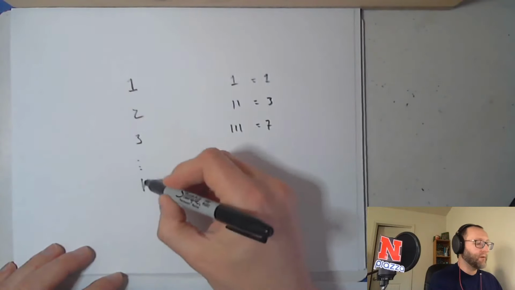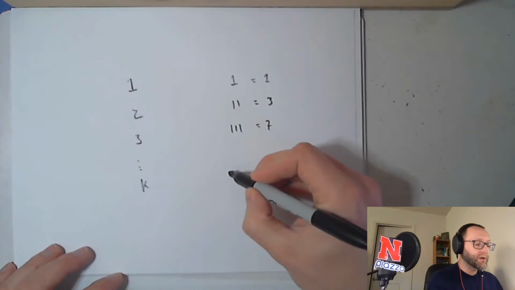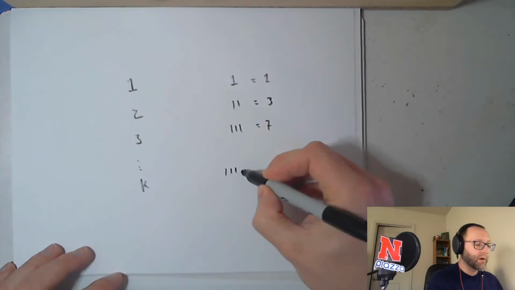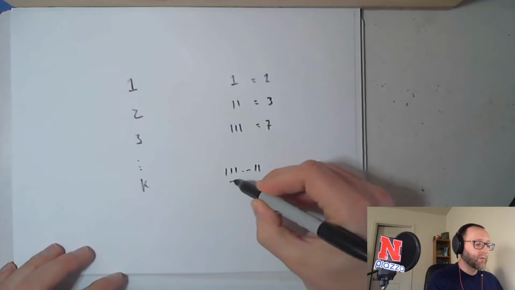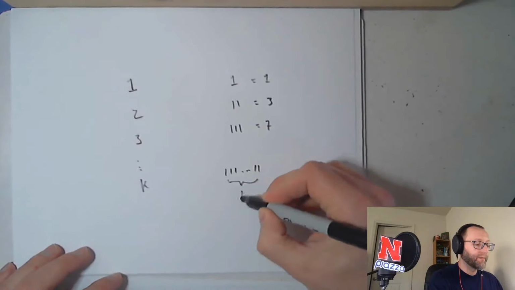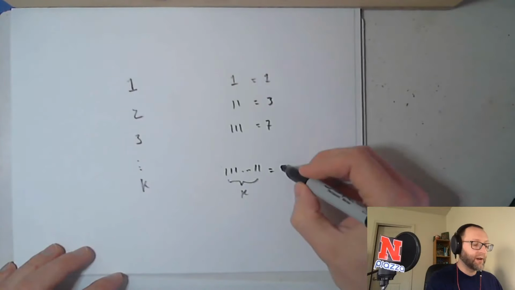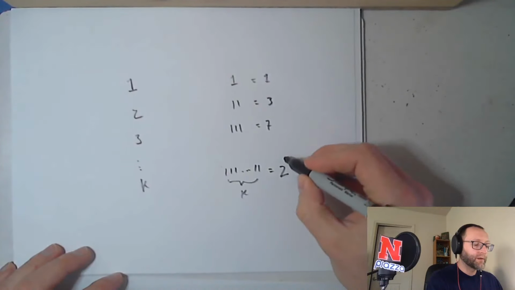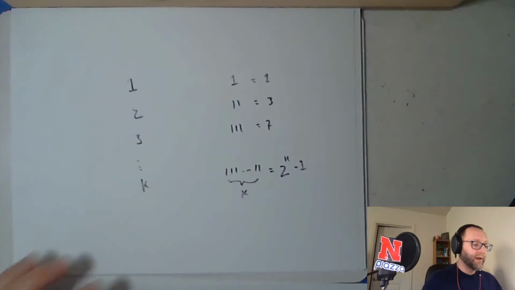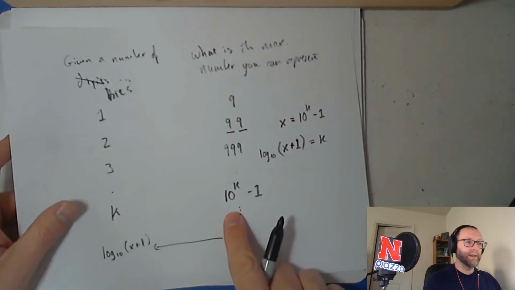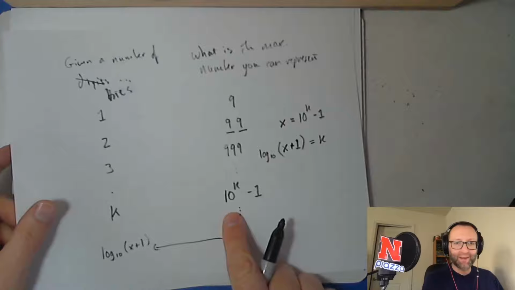If I gave you k bits, then the largest number that you could represent is 1, 1, 1, ... 1, 1, in other words, with k ones. And without going into too much detail here, this is 2 to the k minus 1. Exact same pattern as this. It's just a different base, right?